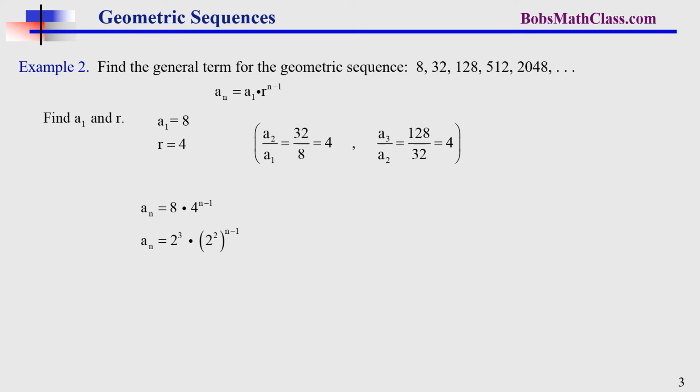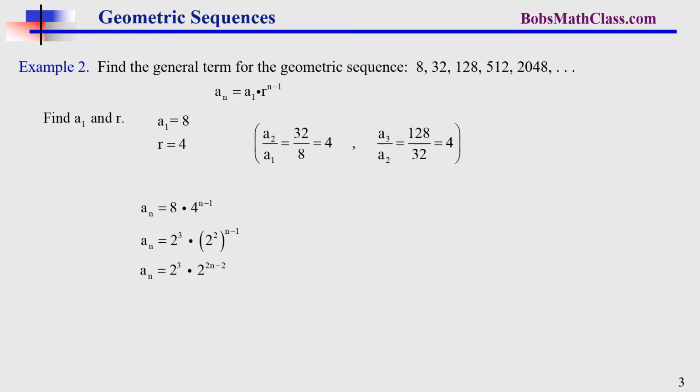Now on the second number, 2 squared to the power n minus 1, you're going to distribute the 2. When we have a base to an exponent raised to another exponent, you multiply the two exponents. So that gives you 2 to the 2n minus 2.